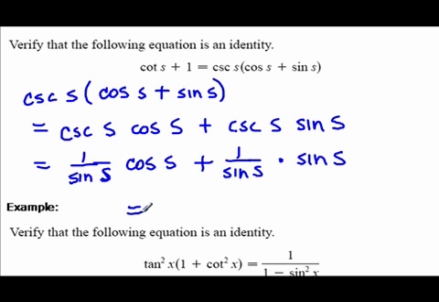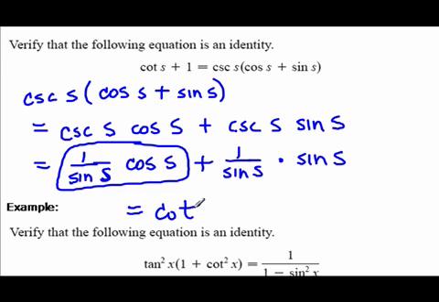Now, what happens on the left part? Well, 1 over sine s times cosine s gives you cosine s over sine s, and cosine divided by sine is cotangent.